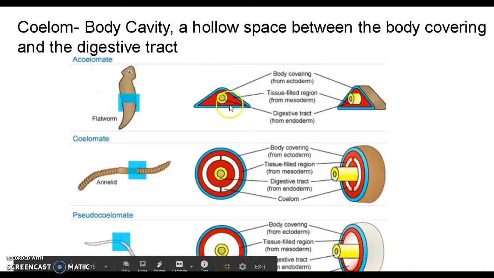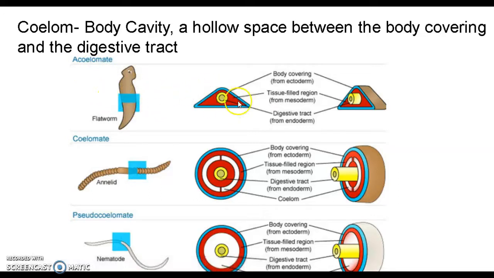If you were to look at this cross section of this flatworm, you see that there's no gap between the digestive tract and the mesoderm. Coelomates, like this earthworm and also vertebrates, have this gap between the body covering and the digestive tract, and each side is lined with mesoderm.